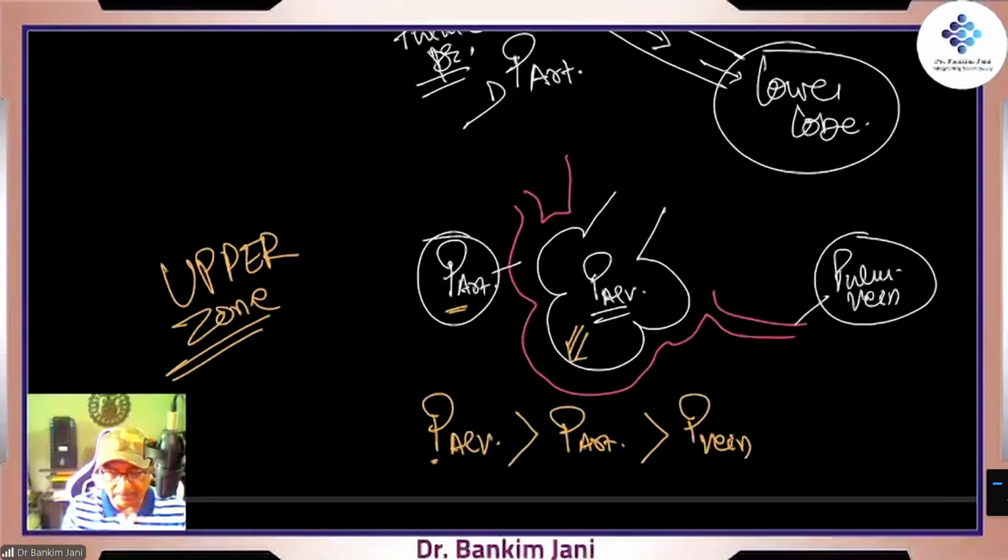So alveolar pressure will be giving a compression effect to these vessels. And when the compression is given, the alveolar pressure is the highest. In this situation, when there is more pressure right in between, what is that pressure?